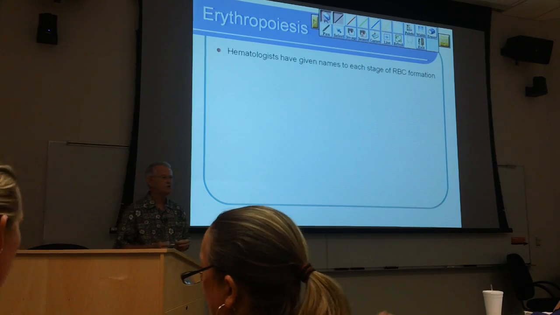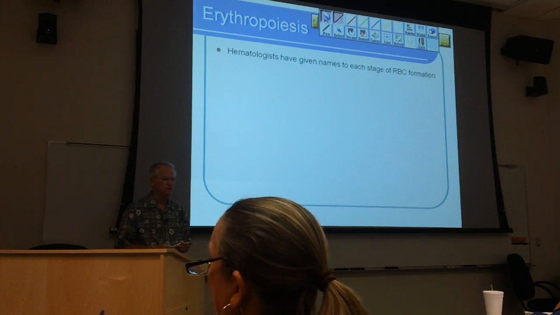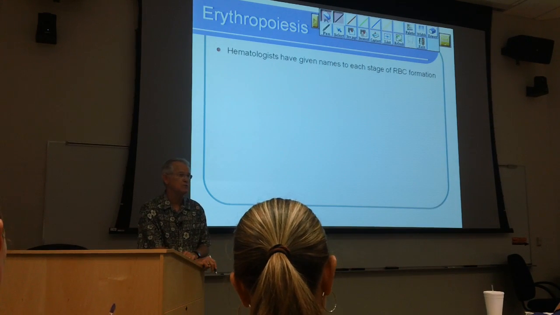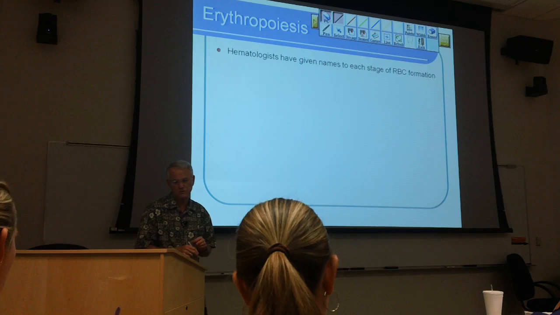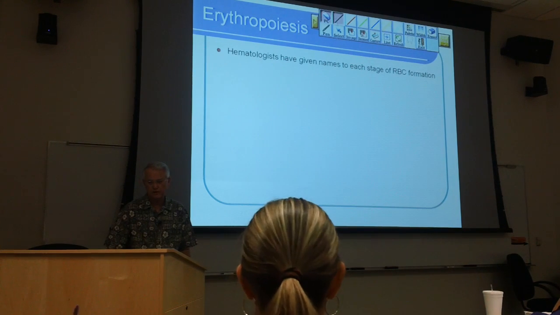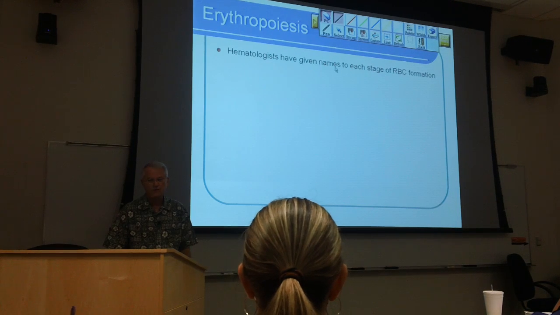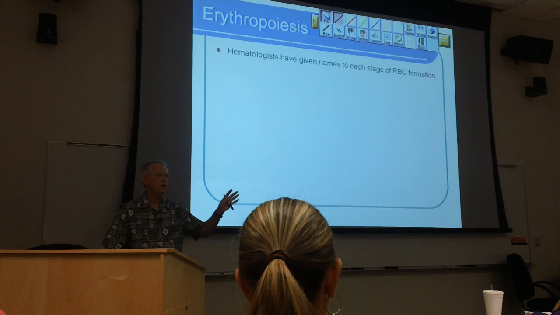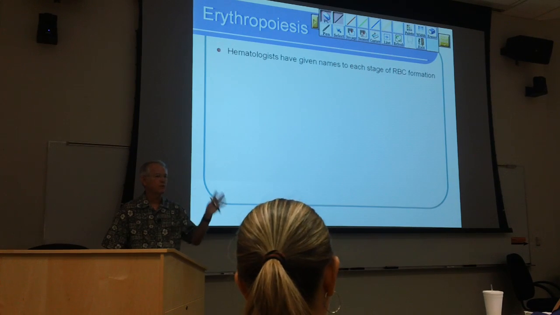Now, hematologists, you've heard that term, I'm sure. A hematologist is generally a physician who specializes in blood diseases and so on, but anybody who studies blood would be described as that. And they've given a name to each stage of blood cell formation. It doesn't matter if it's reds or whites or whatever.